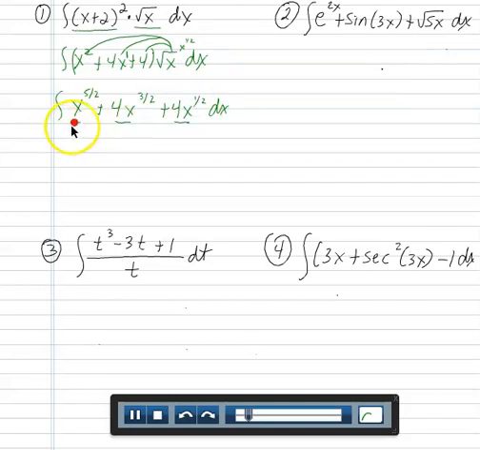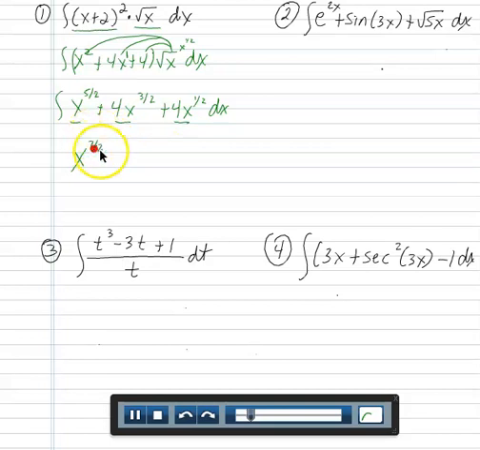Now I have 1, 2, 3 distinct terms separated by the pluses here, and by one of the theorems presented last week, you can integrate each of those separately. That's fine. So, what did I take the derivative of to produce x to the 5/2? Well, in taking the derivative, you decrease the power by 1 to 5/2. So now we'll increase the power by 1 to get to 7/2.